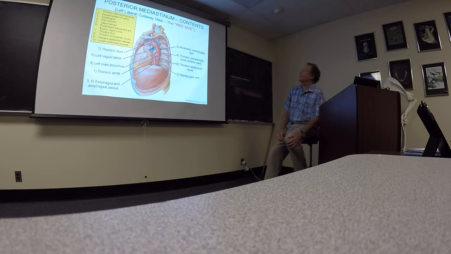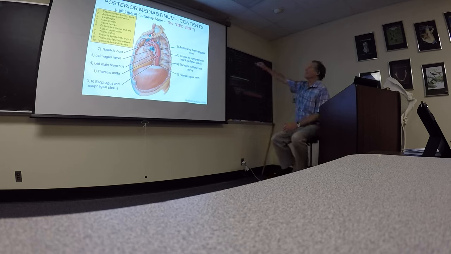Okay, so there are two sides of the posterior mediastinum. It's called the red side and the blue side. The red side is obviously the left side, where you have this massive thoracic aorta, and where you have the hemiazygos vein and accessory hemiazygos vein draining the intercostals. You have intercostal arteries that are coming off of the descending aorta.